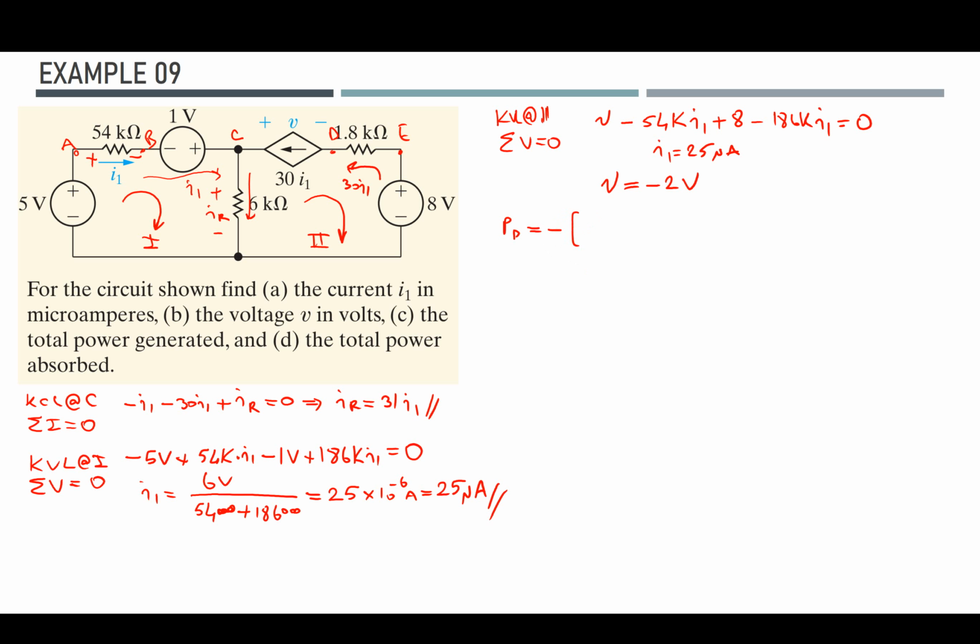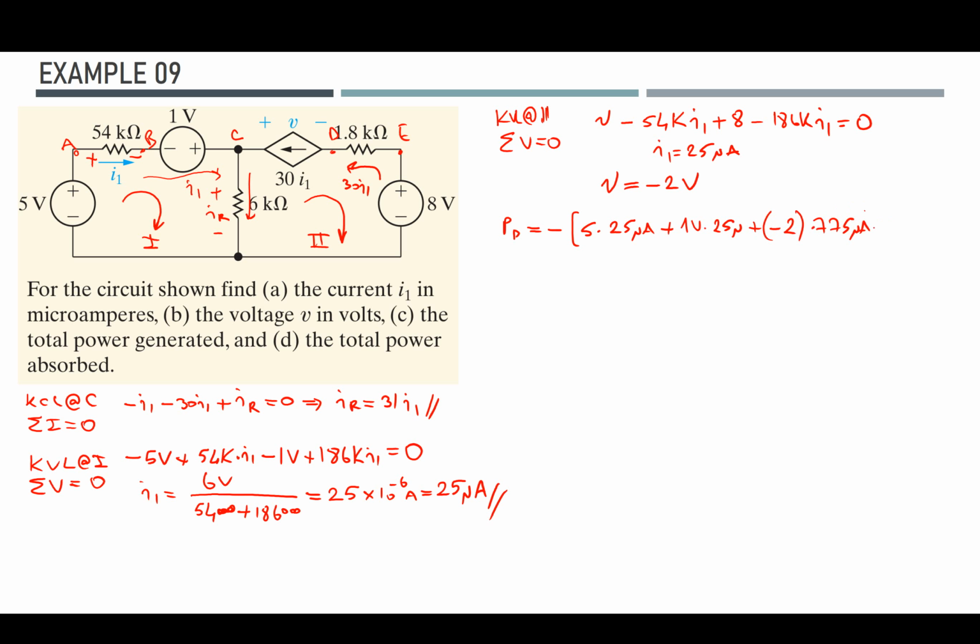So I put it at the beginning and write 5 times I1, so it's going to be 5 times 25 microamps, plus for the 1 volt source, 1 volt times 25 micro, and for the dependent source I have minus 2 volts times 30 I1, so it makes 775 microwatts.